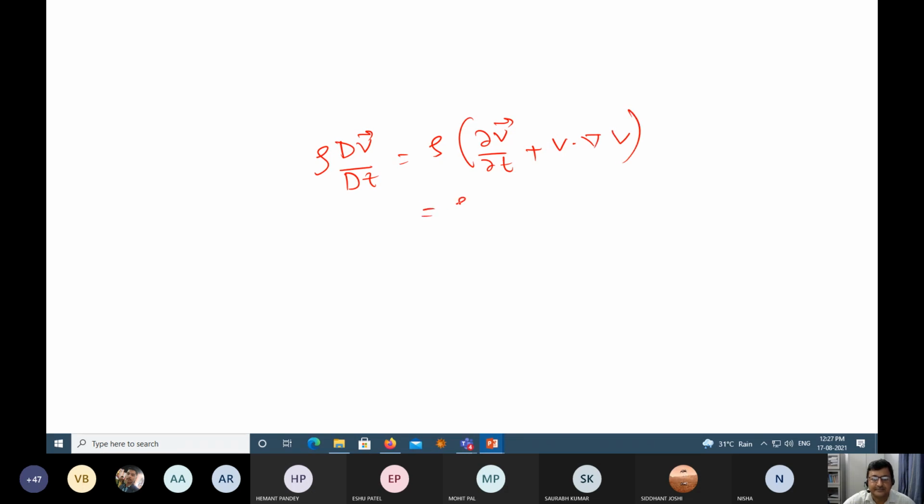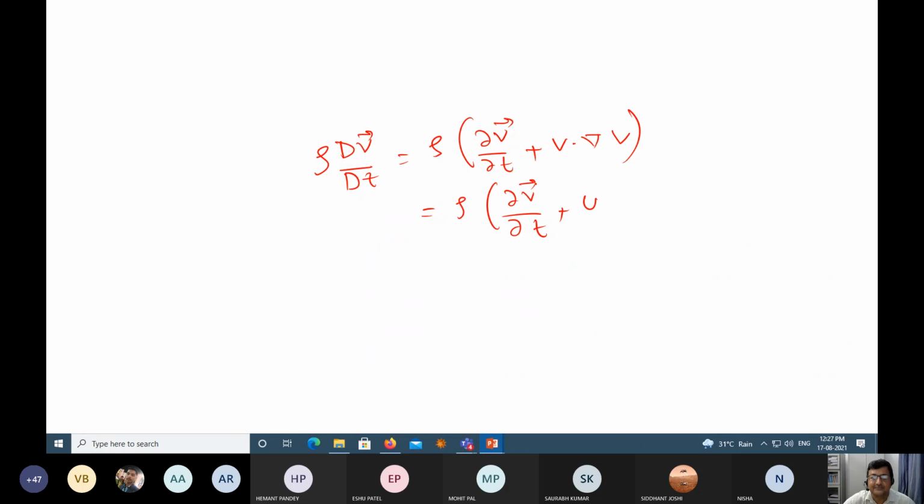This means rho del v by del t plus rho into v dot del v. What is v dot del v? V dot del v will basically have three equations.